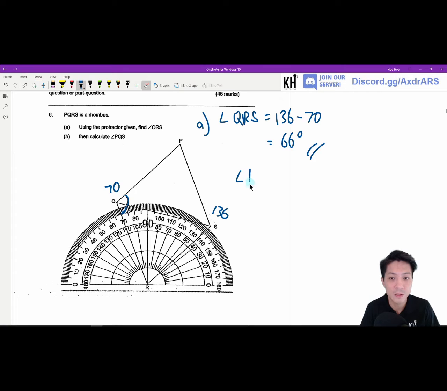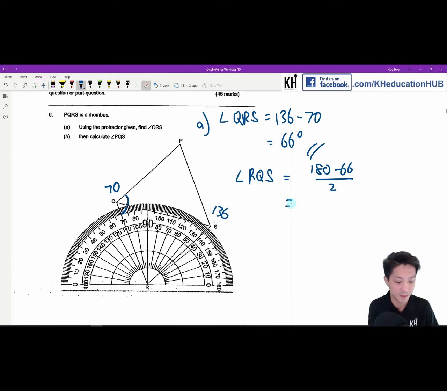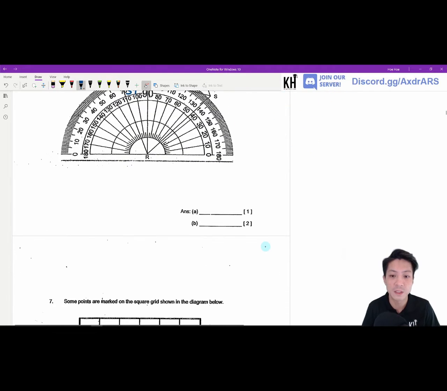So angle RQS is 180 minus 66, divided by 2, which is 57 degree. If this is 57, then this will also be 57 degree. So the answer is 66 and 57.